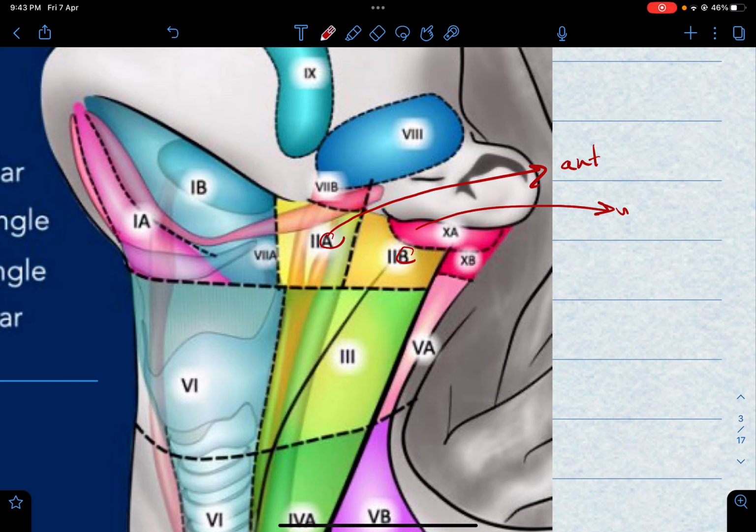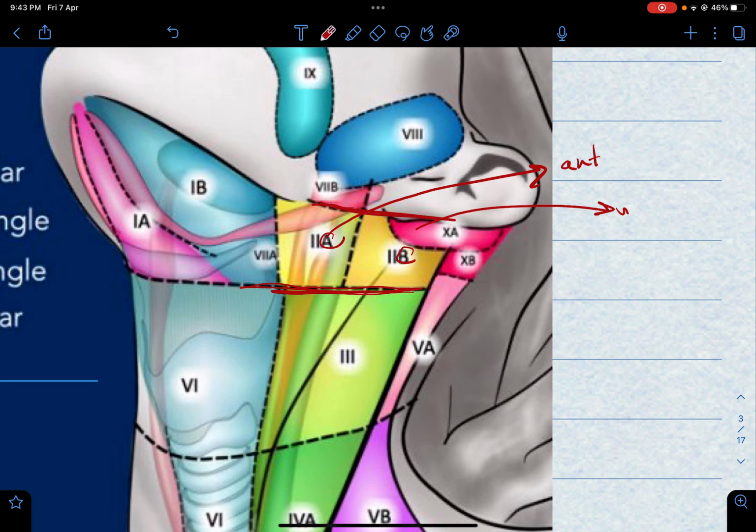The 1A and 2A and 2P all are bounded inferiorly by the hyoid bone and superiorly by, I think, the ramus of the mandible. I'm not sure. Let me just check. Oh, here, I'm sorry. Superiorly the base of the skull. Okay, the base of the skull, not the mandible.